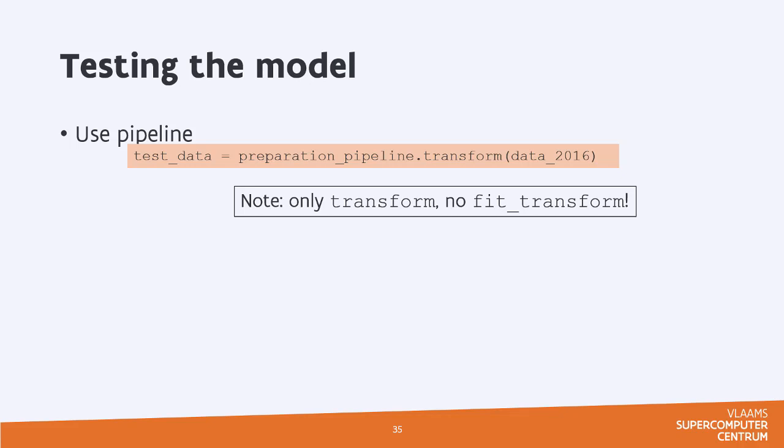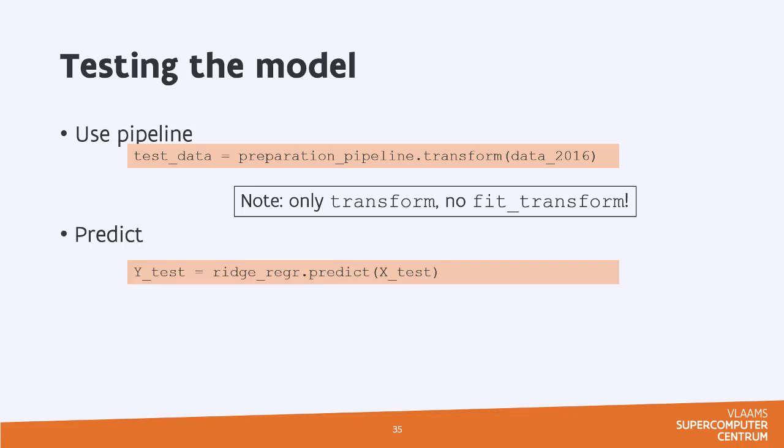We're only doing a transform, so no fit transform. Determining the parameters of the min-max is in fact part of the training process. If you were to use a fit transform, we would alter that transformation, and hence we would in fact be using our testing data in a training context, which we really shouldn't do.